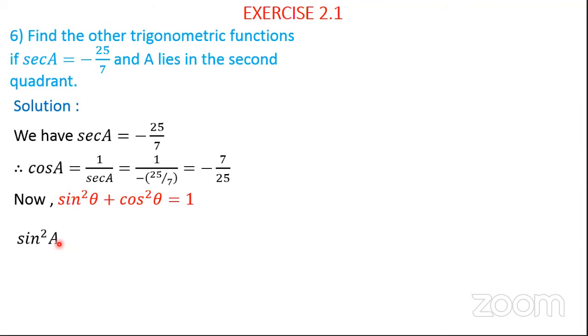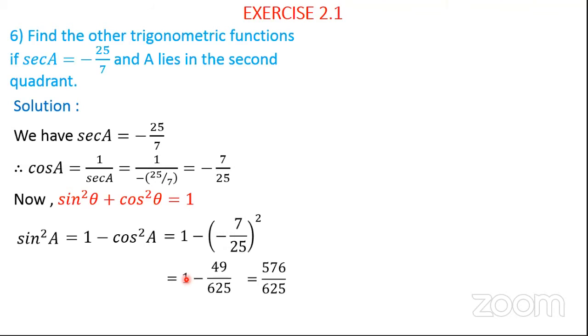Therefore, sin square A is 1 minus cos square A, and we have a value of cos A. So substituting that value, we get 1 minus the square of minus 7 by 25, which is 1 minus 49 by 625.